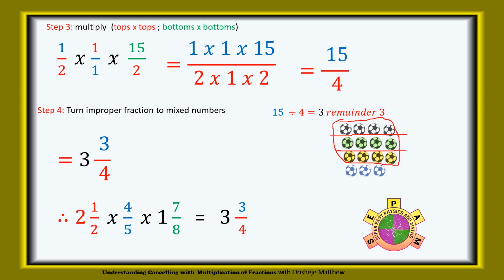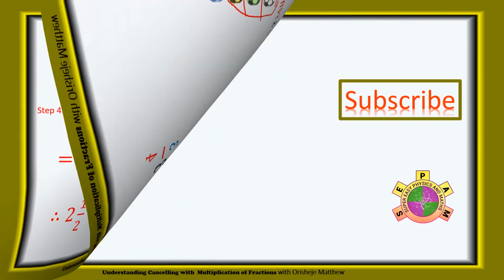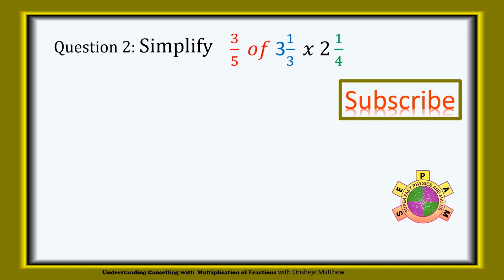So let's look at another question. Question 2, simplify 3/5 of 3 1/3 multiplied by 2 1/4. Of means multiplication. So for you to solve this question, you remove the of and replace it with a multiplication sign.